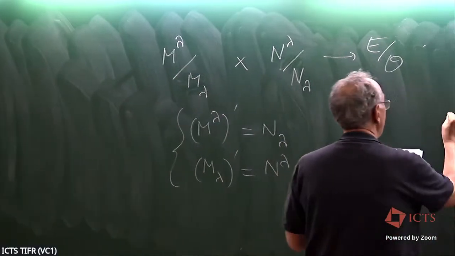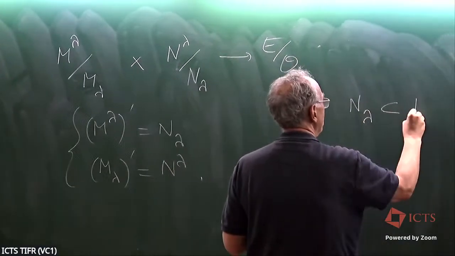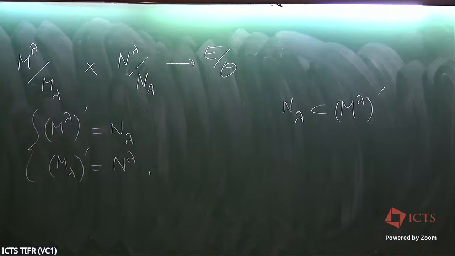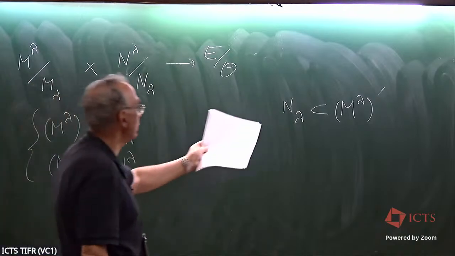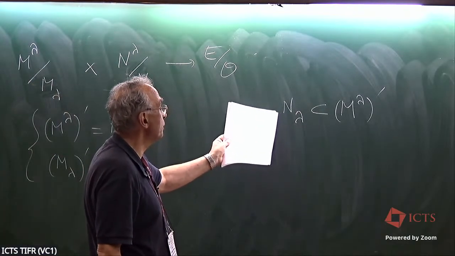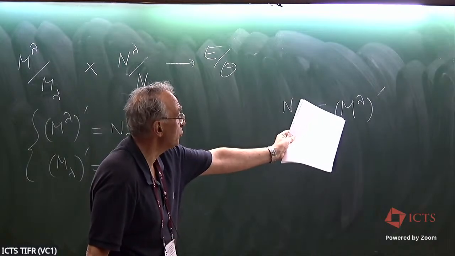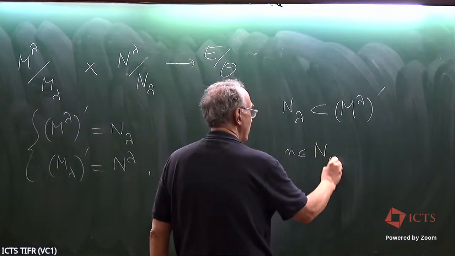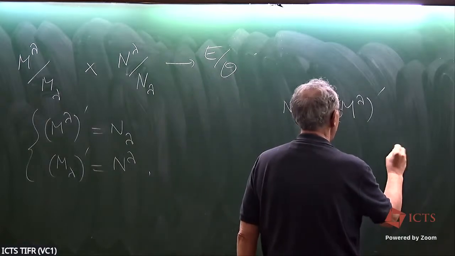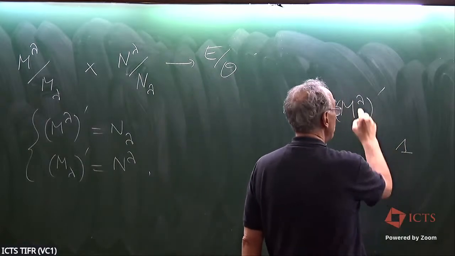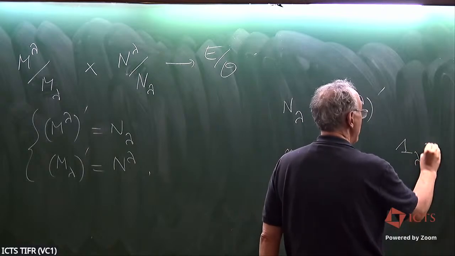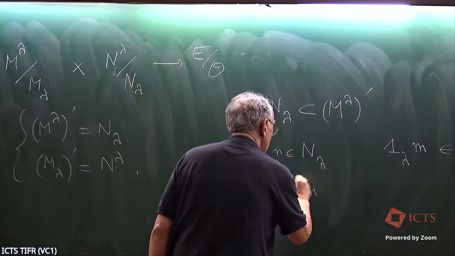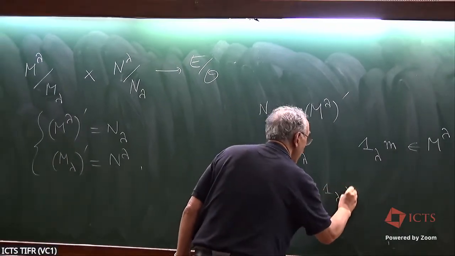So first of all, we prove that N_lambda is contained in M_lambda prime. What does it mean? It means that if you take something here and you pair it with something in M_lambda, you get an integer. So you take n in N_lambda, and you take something which is 1_lambda m inside M_lambda, and you pair them: n, comma, 1_lambda m.